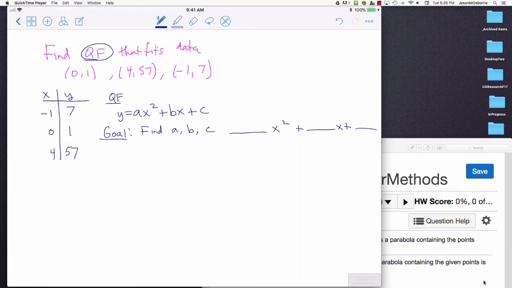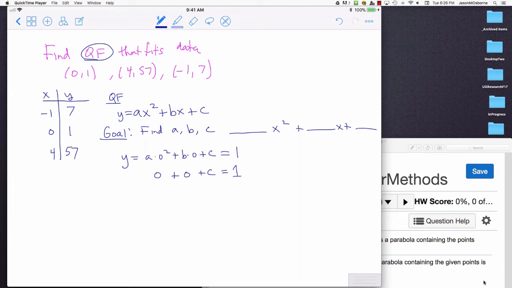Now we have x, y values. So notice that when x was 0, that's a nice value to start with. When x is 0, you were supposed to get y equal to 1. So a times 0 was 0, b times 0 was 0, c didn't have an x on it, so it's just c.